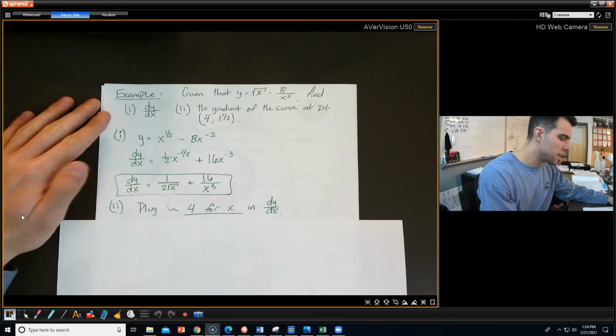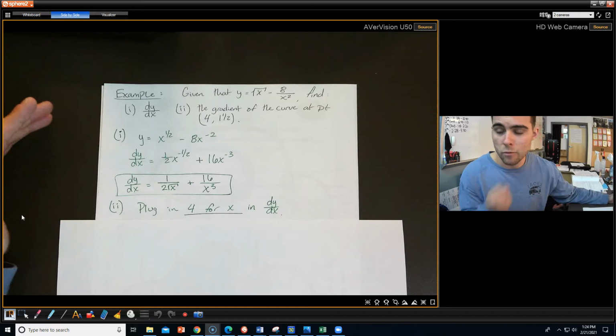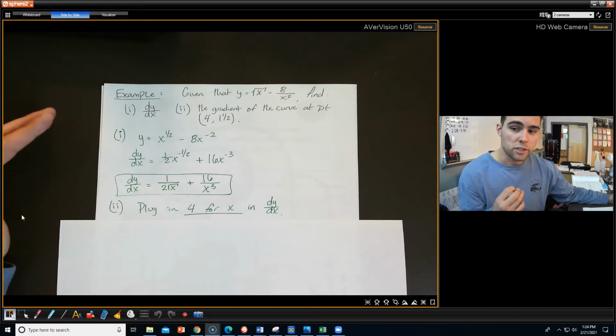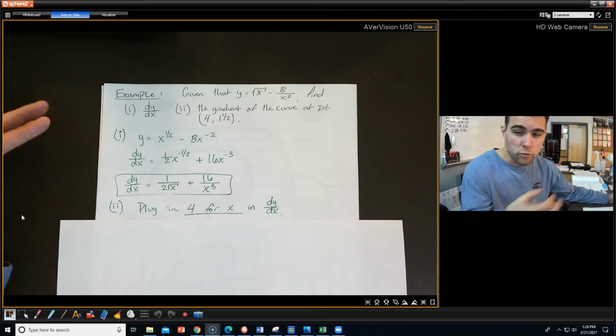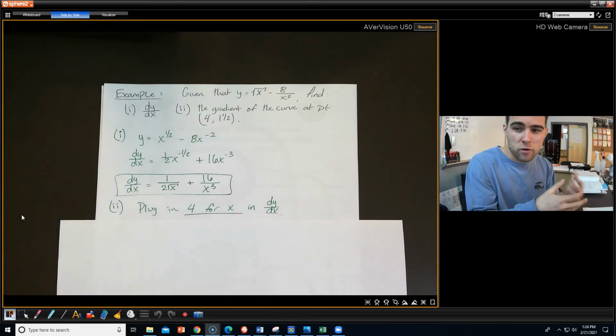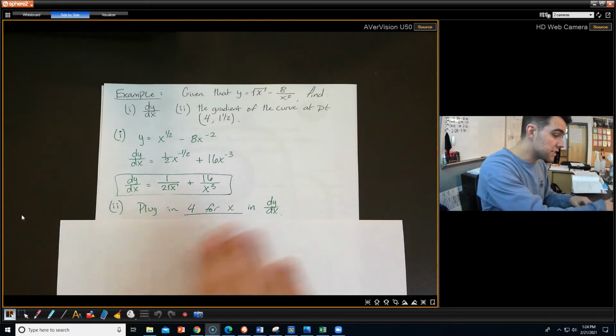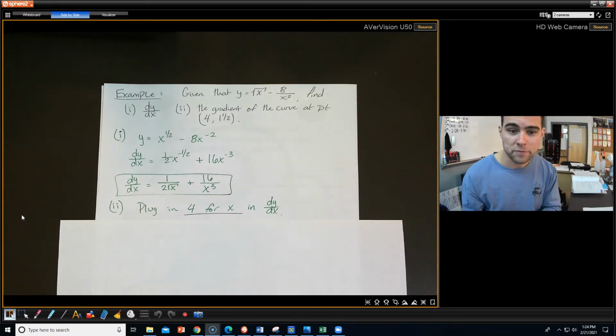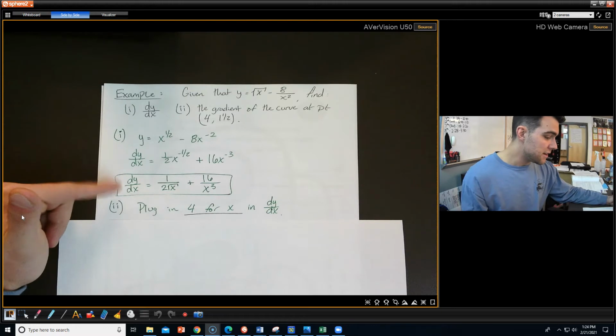So now this is where that point (4, 1.5) comes in. So we don't need to actually use the y coordinate at all. We will actually find the y coordinate later on, but for right now, if you're given something like this, we just want the gradient. So that's what a derivative really is.